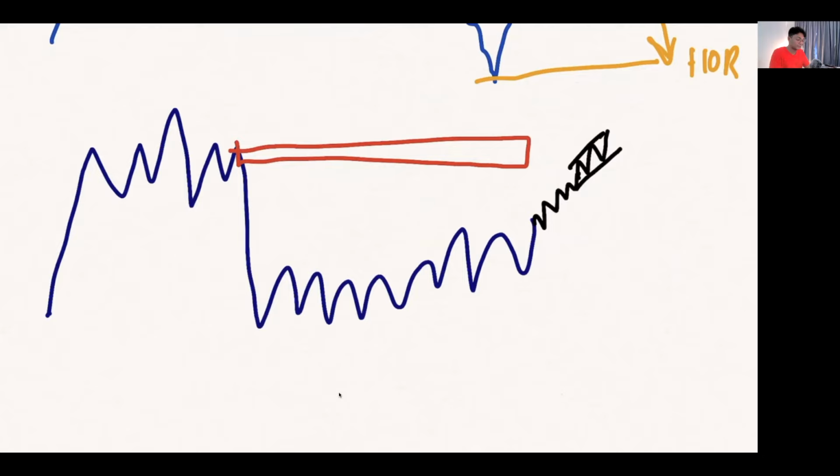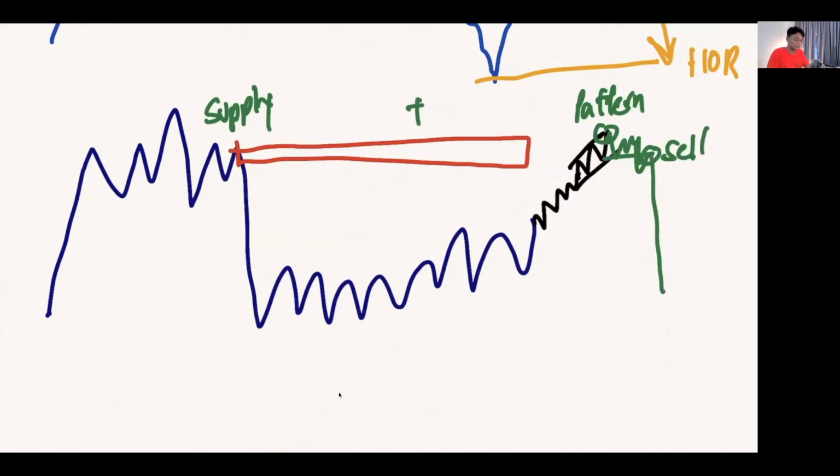Because we have a supply zone and we have a losing momentum pattern, with this combo we can look for a sell opportunity somewhere around here, and we can aim all the way down to the origin. In this case, we can easily get 6R to 10R returns.